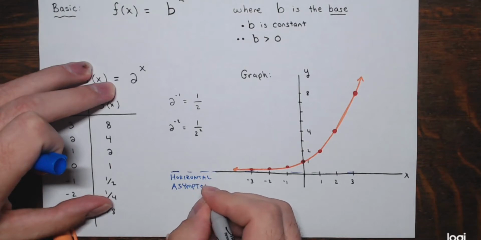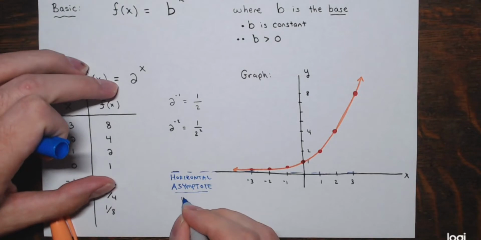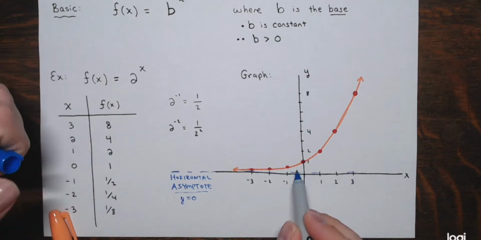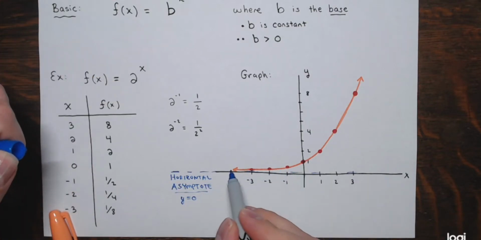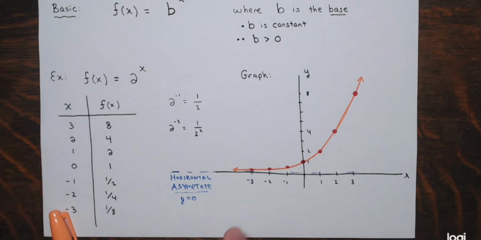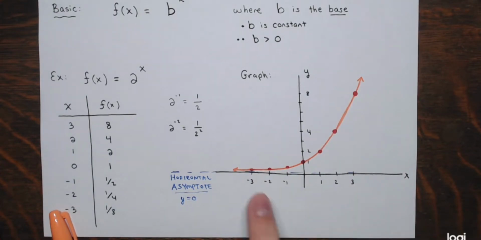That's y equals 0, the x-axis here. So, a horizontal line that the graph is getting closer to, but never actually touches, never actually hits. And then it's going off that way. It's increasing as you move from left to right. The graph is going up forever.